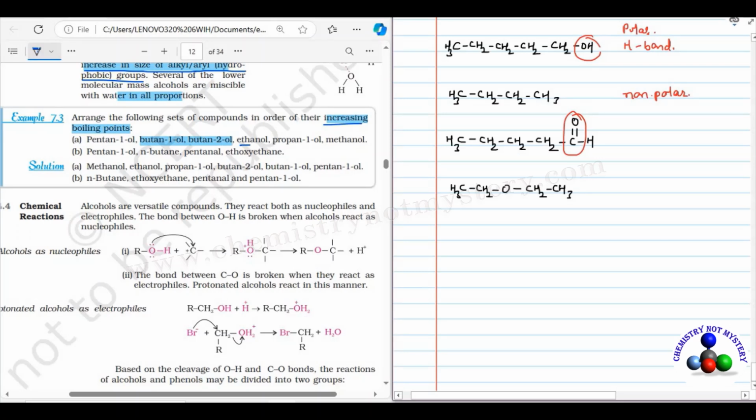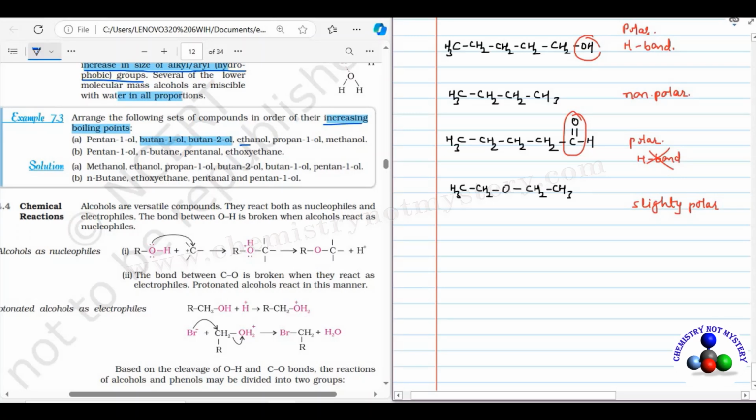Due to the presence of the carbonyl functional group, this molecule is polar. But there will be no hydrogen bonding, so hydrogen bonding will be absent in the case of pentanal. Now come to ethoxyethane, which is an ether. These ether molecules are slightly polar. They are not as polar as pentanal.